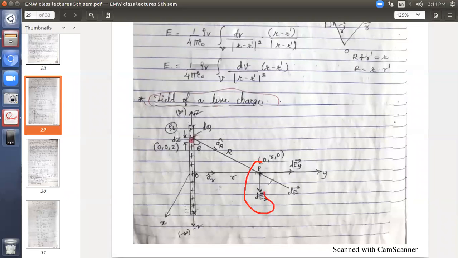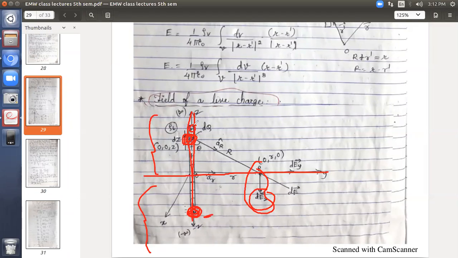I had even given you the reason why this component will cancel out, because if you see, it is parallel to this axis, and the way we have placed the wire, it is symmetrical. Okay, half portion is here, half portion is here. So if you take this point, if you find some field here, the Z component, a similar kind of Z component exists here also, but with a negative sign.